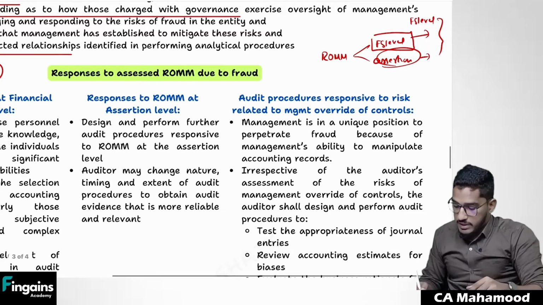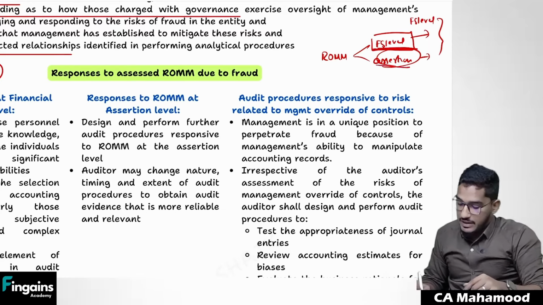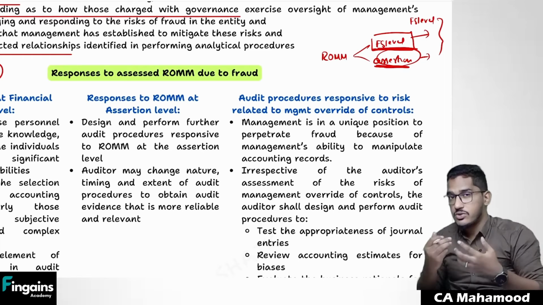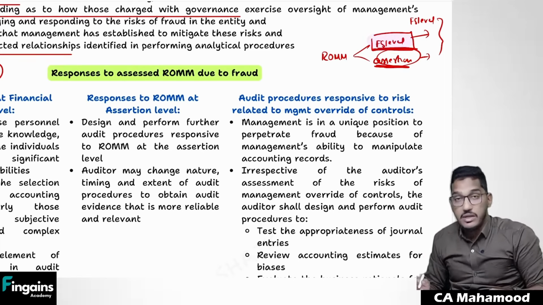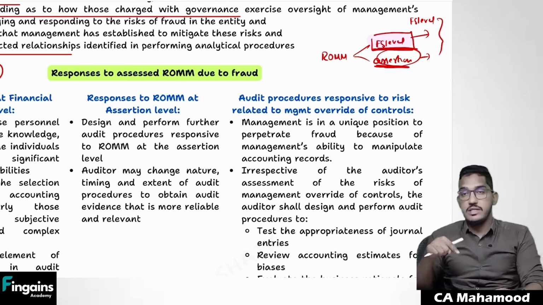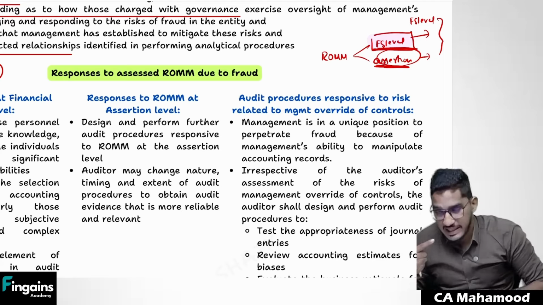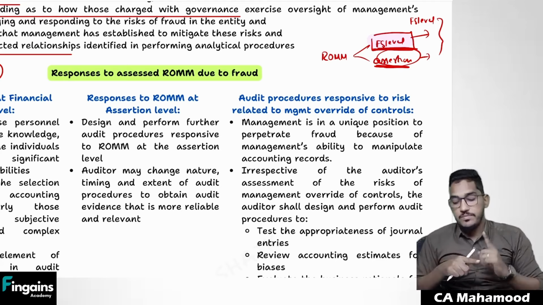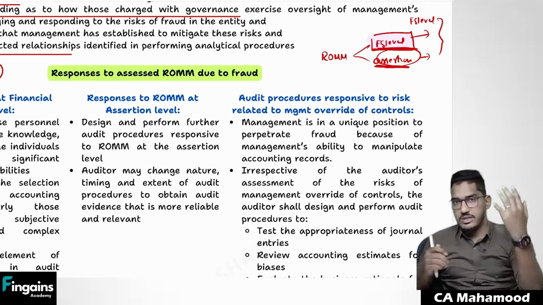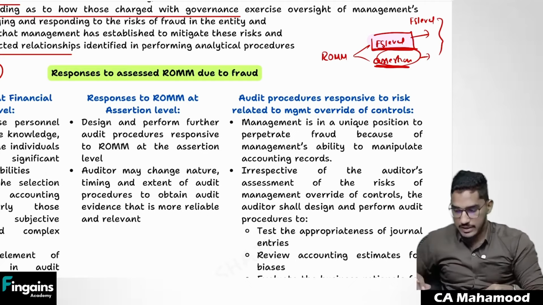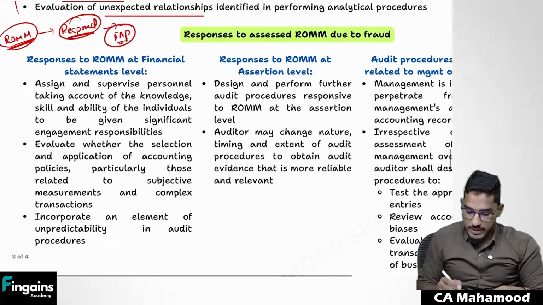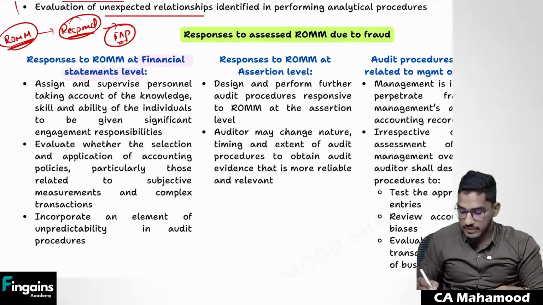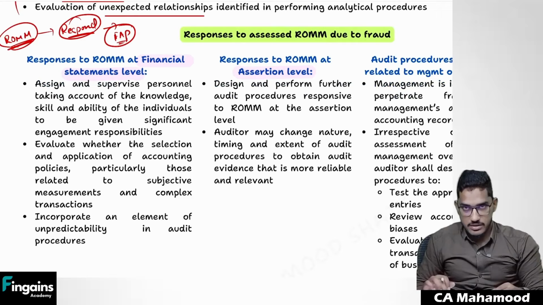Between the two, the auditor has to concentrate more on risk of material misstatement at the financial statement level. Why? Because it has the potential to cause a misstatement in the entire financial statements. So just go back and watch that risk assessment chapter. You will get more clarity. After performing risk assessment procedures, you might find risk of material misstatement at the financial statement level or at the assertion level.